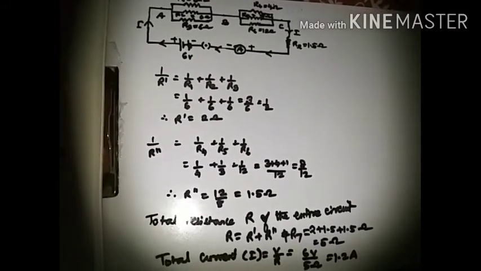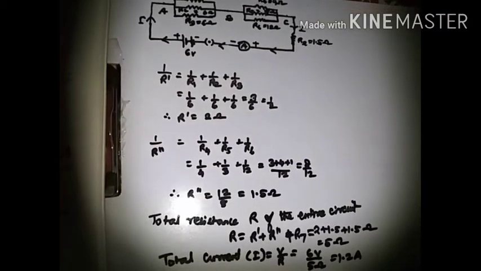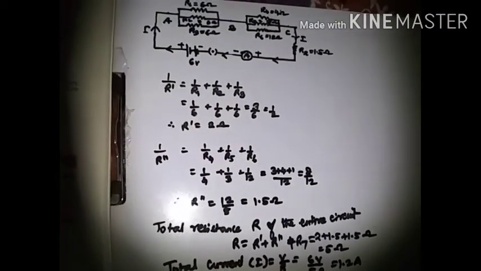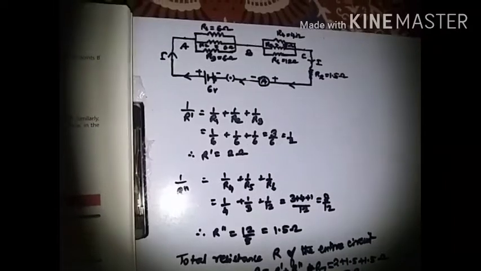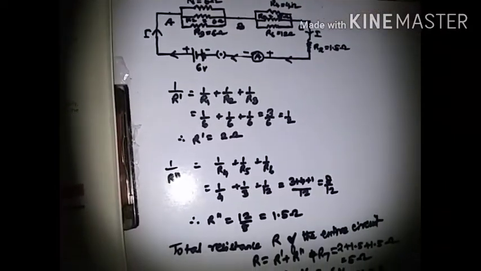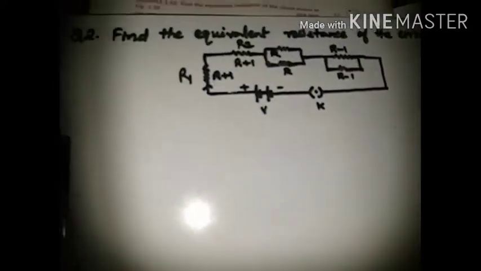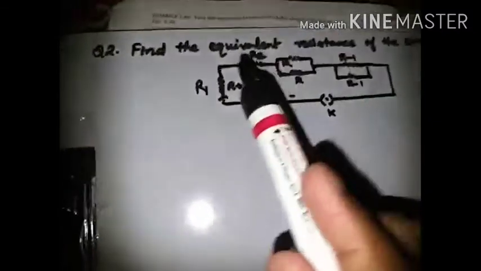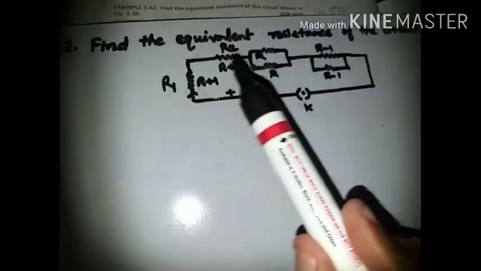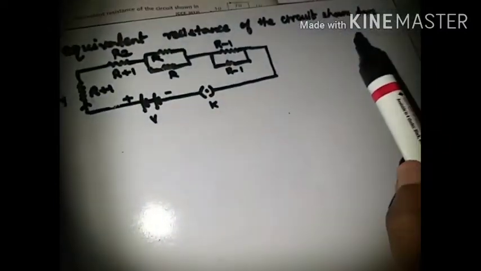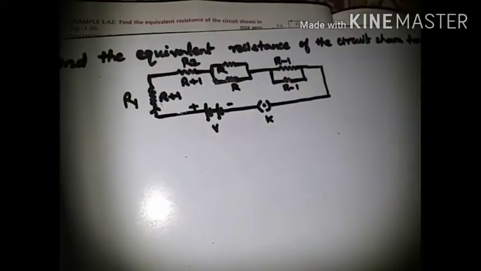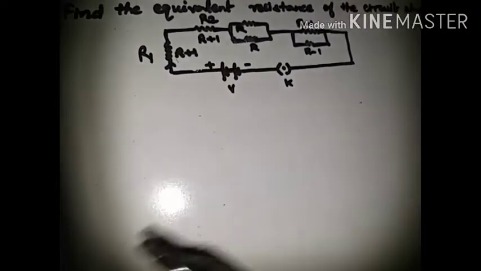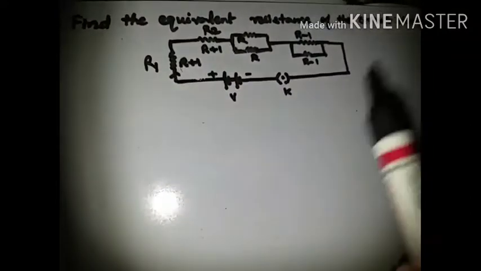Now what if we consider a circuit where we are not having numerical values, instead some general terms have been used to specify the value of the resistances. So one such circuit has been shown in this diagram, a similar kind of circuit having a combination of series and parallel, but now instead of numerical values we are having general values.